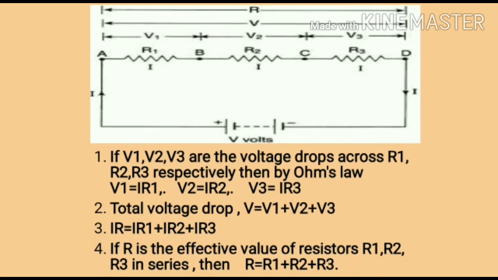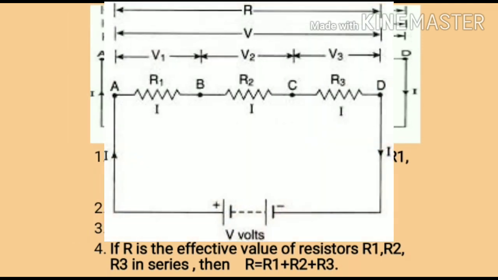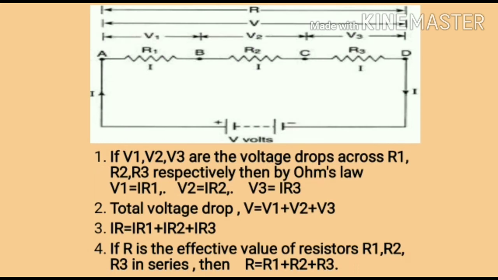So, IR equal to I into R1 plus I into R2 plus I into R3. Now, if R is the effective value of resistors R1, R2, R3 in series as per figure, then R equal to R1 plus R2 plus R3. Disadvantage of series circuit is if one component is fused, then the other components of the circuit will not function.